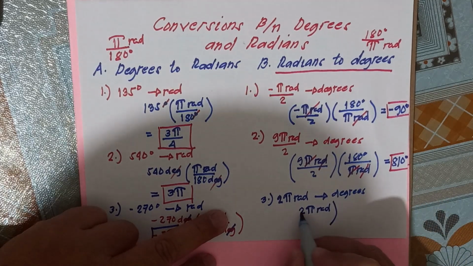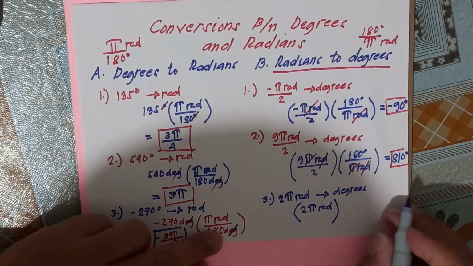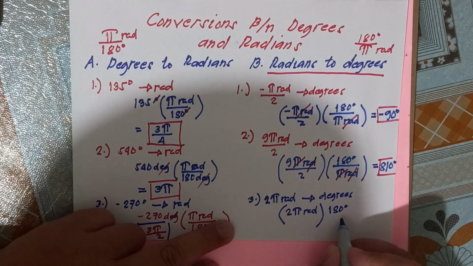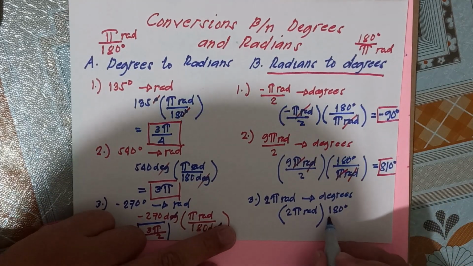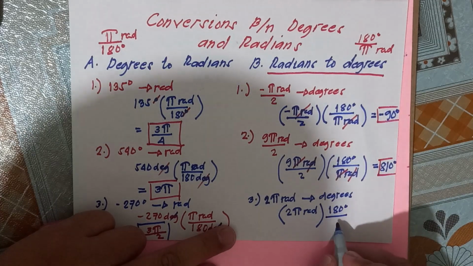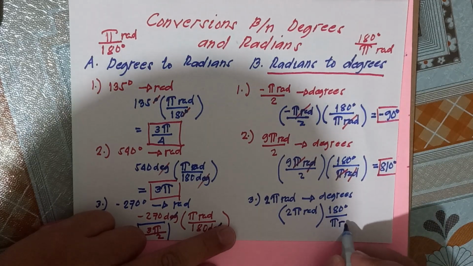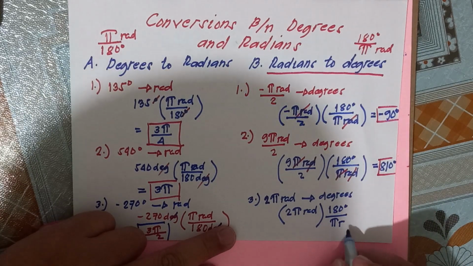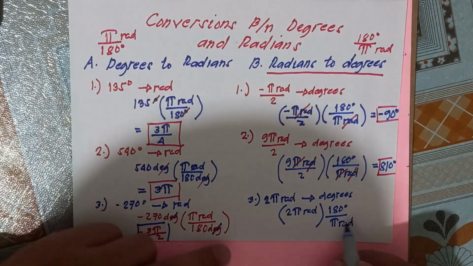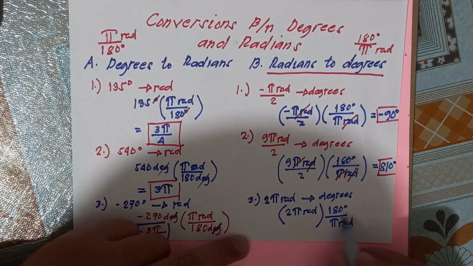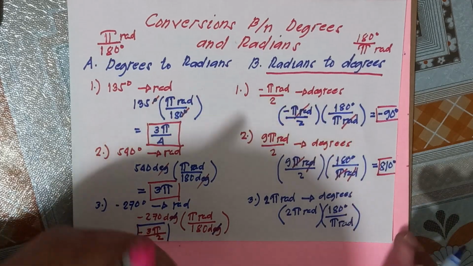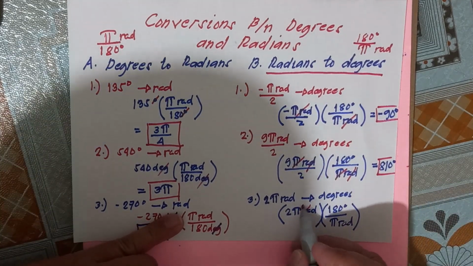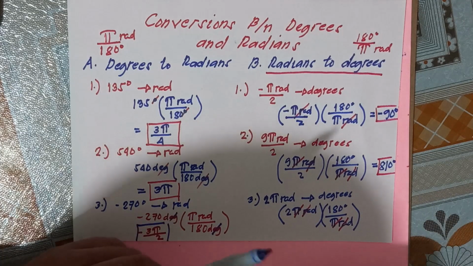What is your multiplier? Your multiplier is 180 degrees divided by pi rad. Notice that pi rad can be cancelled out.